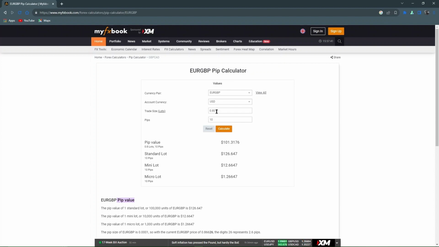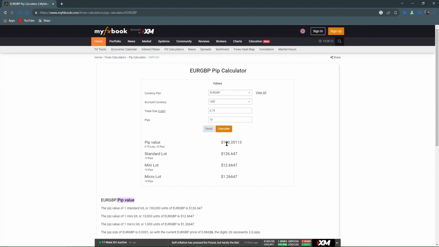You have to adjust the trade size, which is the lot size, to fit the stop loss that you are planning to use, or the stop loss that you've calculated on TradingView, which is 10 pips. You have to make sure you change this to fit with this and give you the 1% that you want to risk on your account. Let's take this one for example, 0.79.